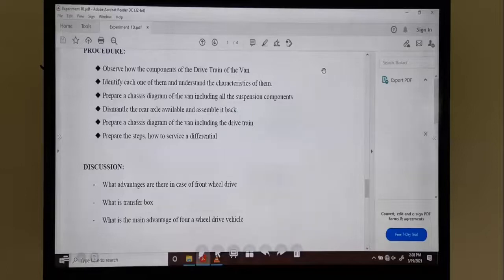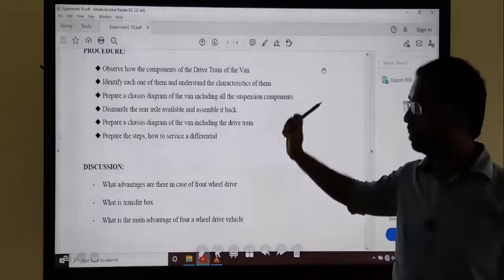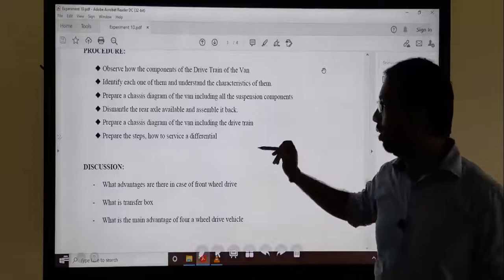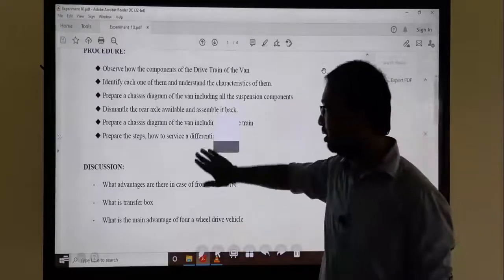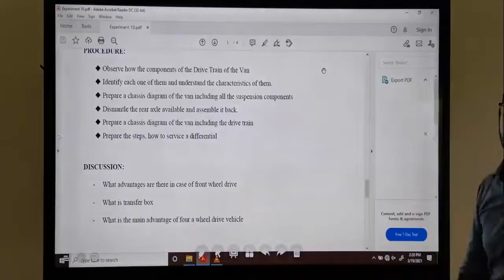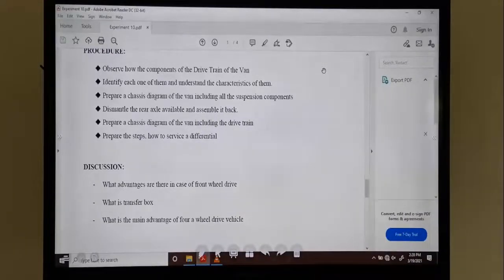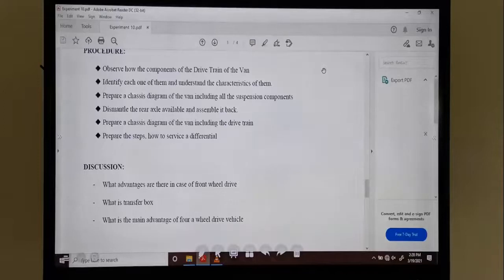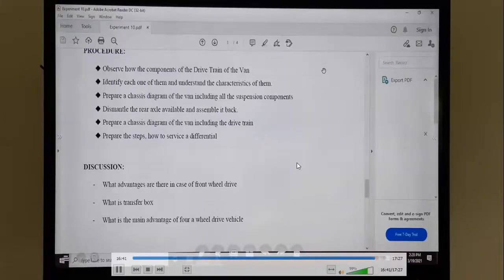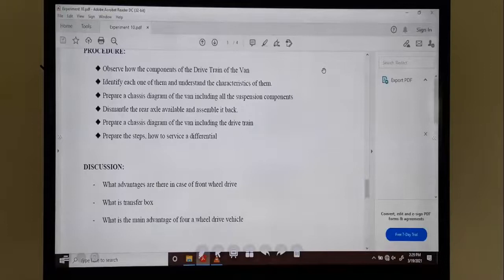Here we have already completed these diagrams, everything, so these are not needed. Only this last thing: prepare the steps for how to service a differential. That's very important. The differential has oil, differential oil. And the universal joints have a grease nipple inside. At maintenance time, we have to check the grease level and fill the grease.